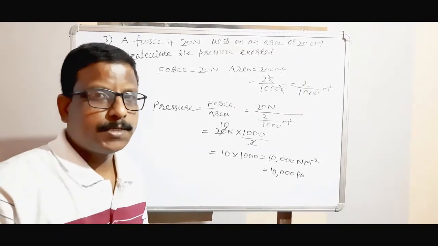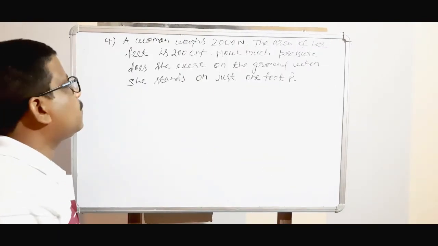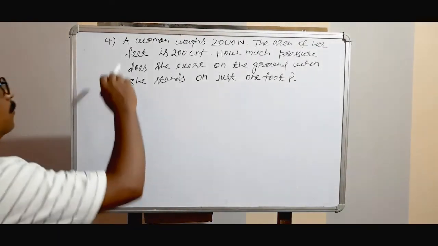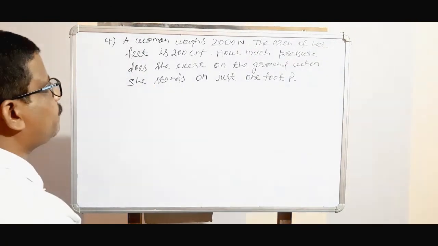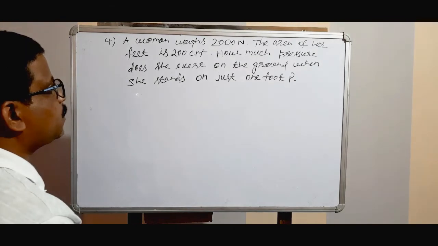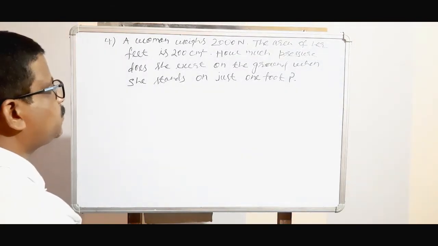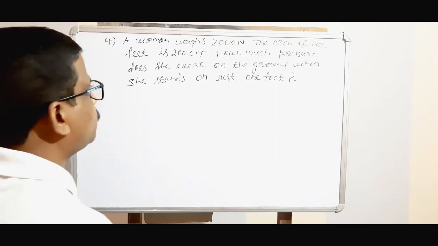Understood? Next question. So question number 4: a woman weighs 2000 Newton, the area of her feet is 200 centimeter square. How much pressure does she exert on the ground when she stands on just 1 foot?